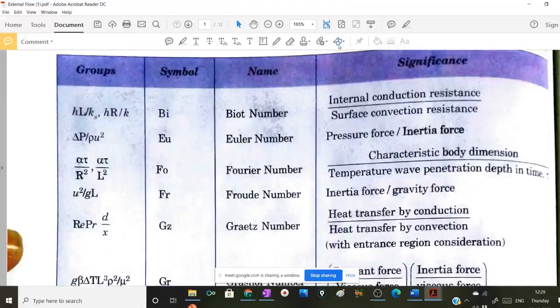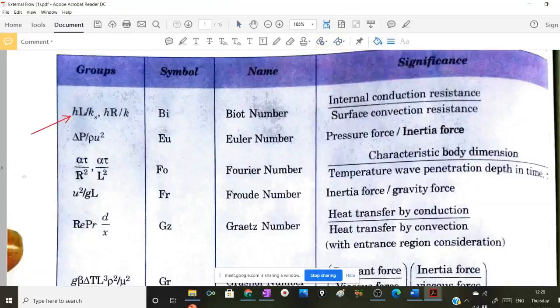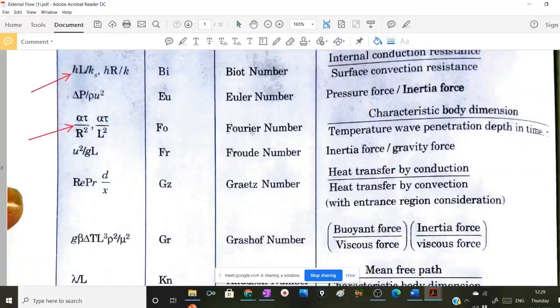So as you can see here, the formula for Biot number, the formula for Fourier number. Many times it is not possible for us to remember all these formulae. So you can refer to this table.